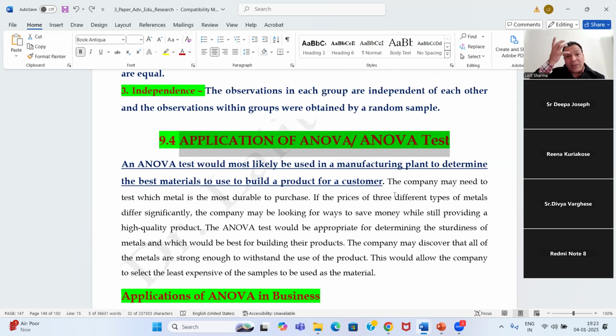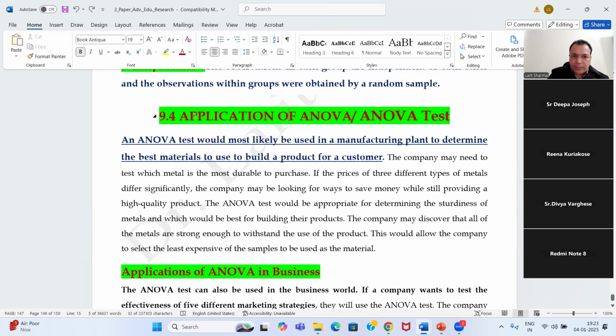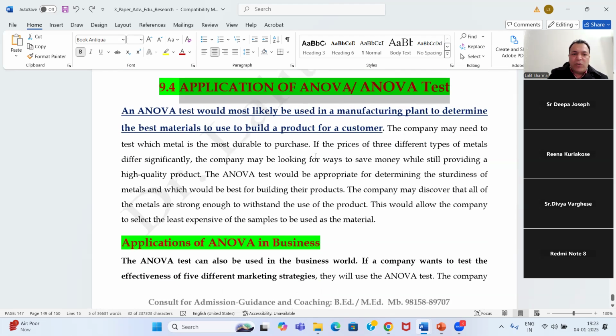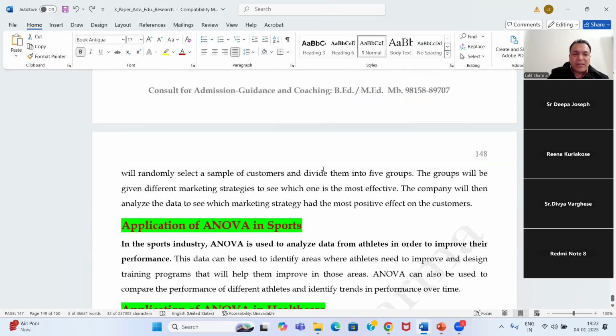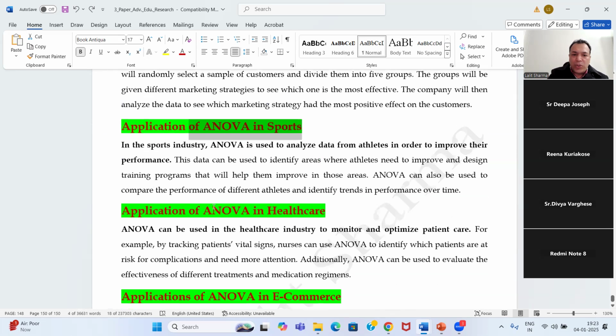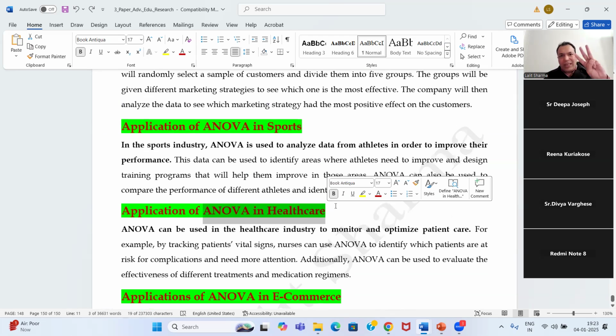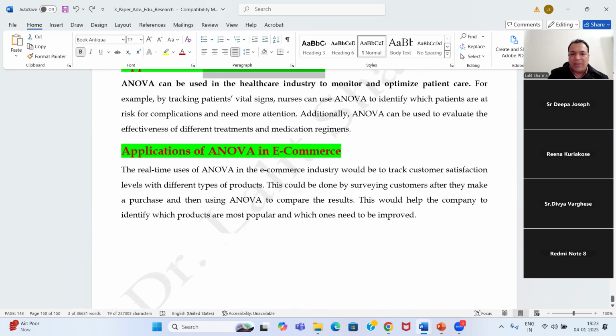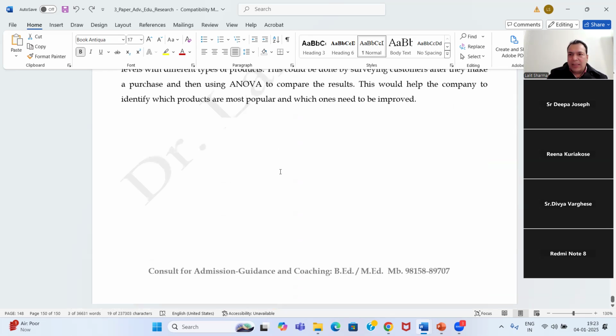Which medicine is the best? If you know it, then you can elaborate your answer also by writing the applications of ANOVA. Application of ANOVA in business, in sports, in healthcare. वही तीन की बात अगर आप करेंगे more than, ठीक है ना? We want to see that in e-commerce, right, guys?